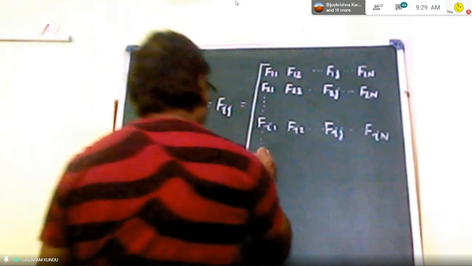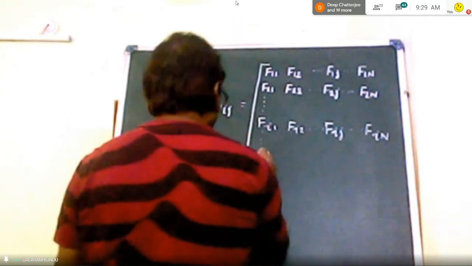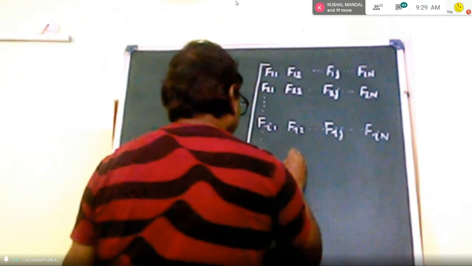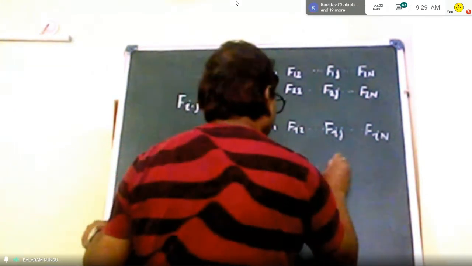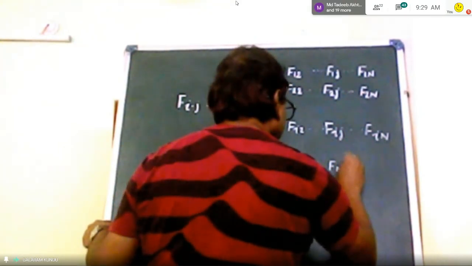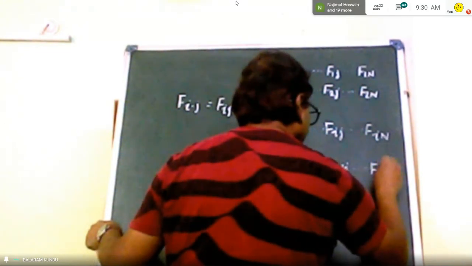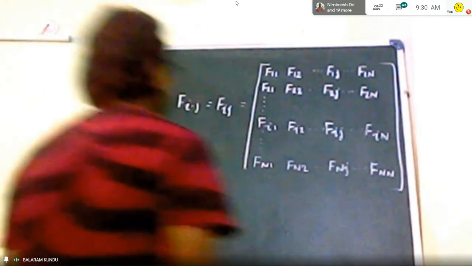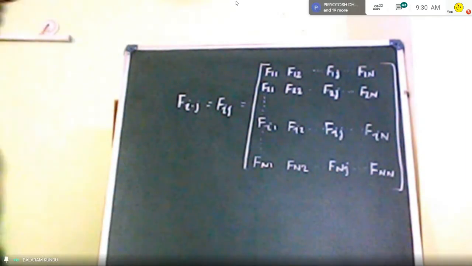Then F of n 1, F suffix n 2, dot dot dot, F of n j, dot dot dot, F suffix n n. So this is your expression of shape factor. We can represent it in a matrix.